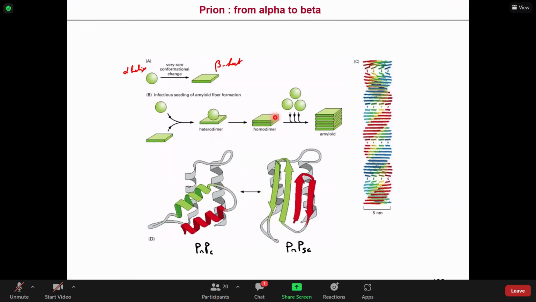So you will have a lot of PrPSc, a lot of sheets interacting together, and you will obtain what we call amyloid. And this amyloid is responsible for the neurodegenerative disease. Okay?